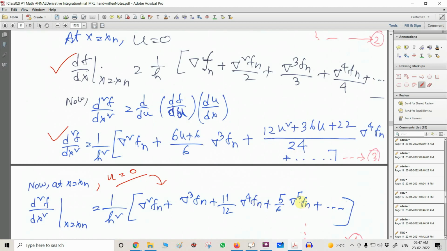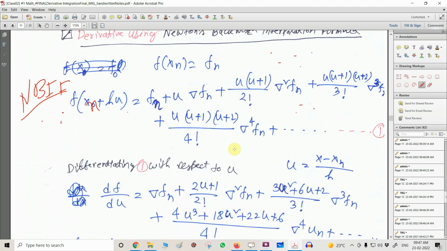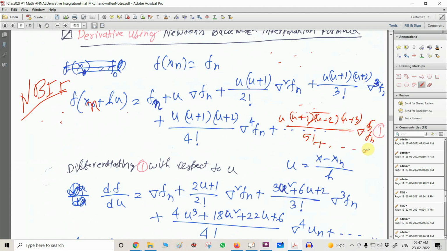So how can you get this value? Let me tell you from here. It was u into u plus 1, u plus 2 by 4 factorial. For the fifth order term, what will be the value? u into u plus 1, u plus 2, u plus 3, divided by 5 factorial, nabla to the power 5 fn.